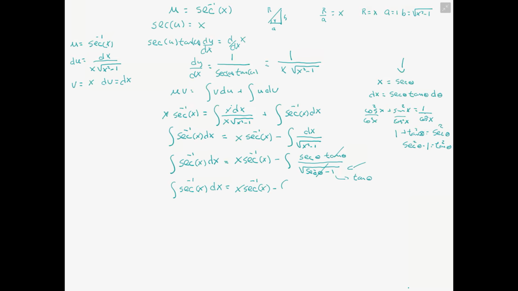So now all we have is the integral of arcsecant of x dx equals x arcsecant x minus, now we have the integral of secant theta d theta. Now remember, this is a substitution that we made up here.